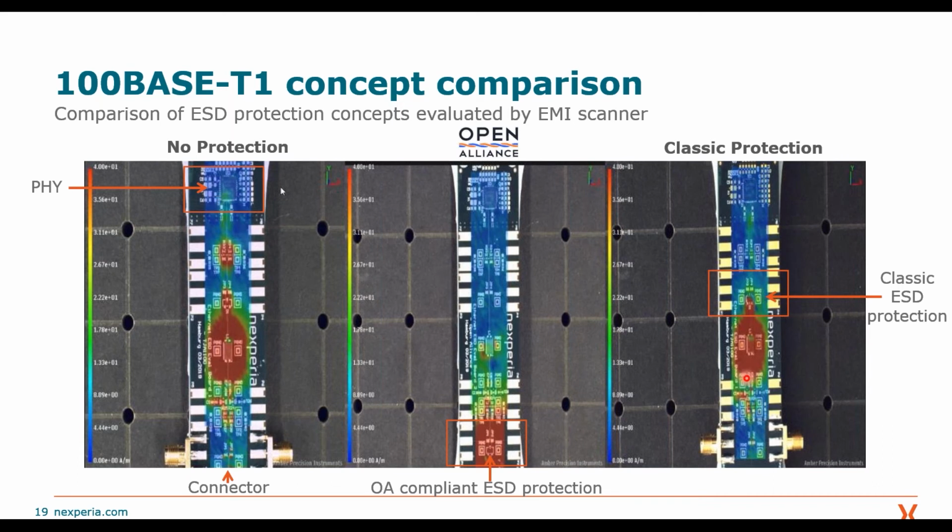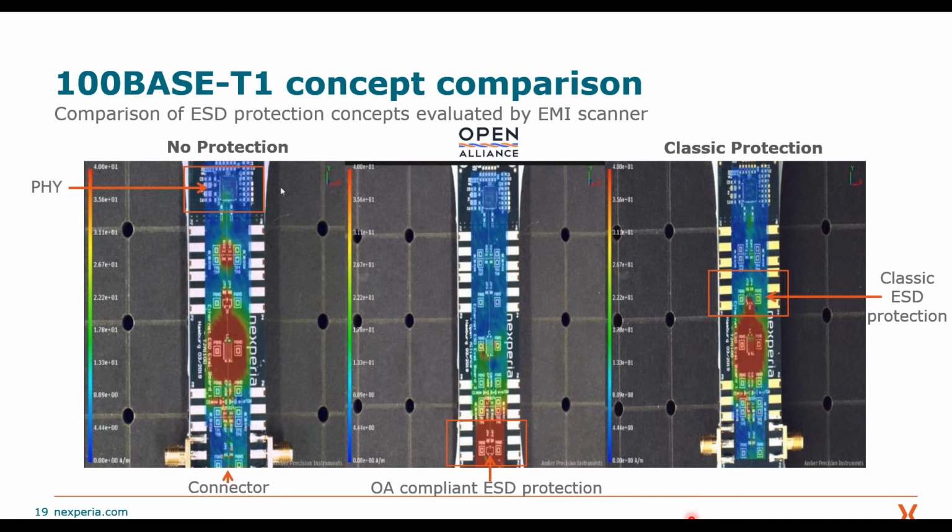On the right hand side, we see the classic approach, and here we see less electrical stress at the PHY, but still a lot of current goes through the traces. But if we take a look at the open alliance setup in the middle, we see that the vast majority of the energy is guided to ground right with the ESD protection behind the connector, and we see a little electrical stress going through the termination and the PHY.